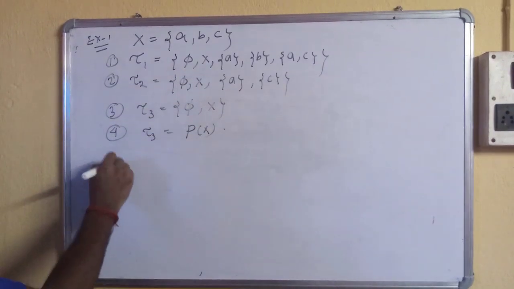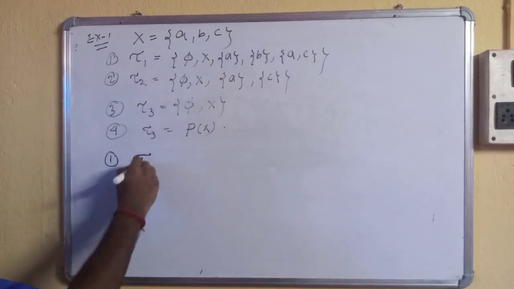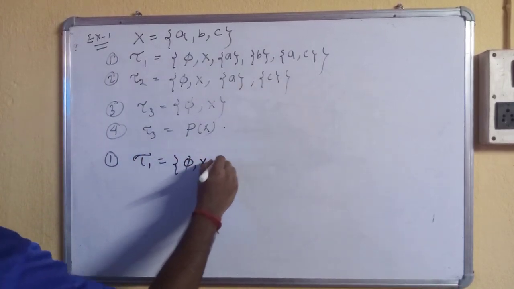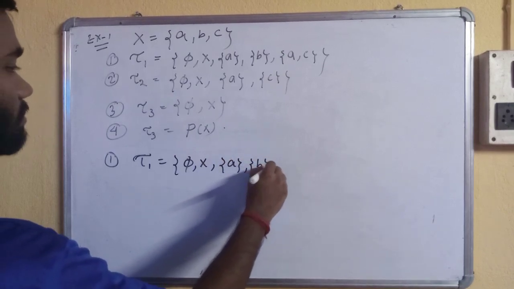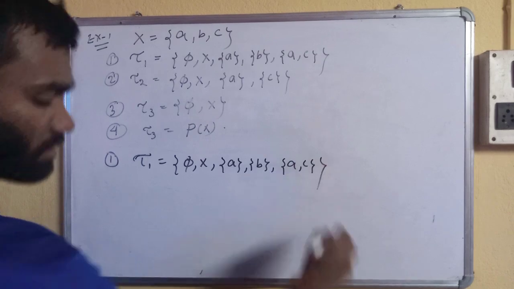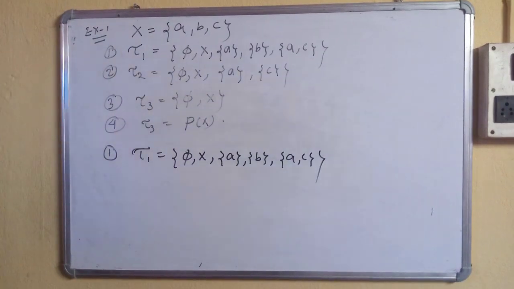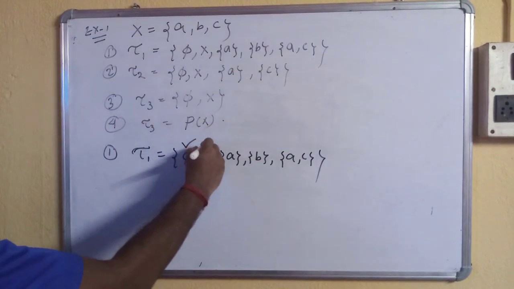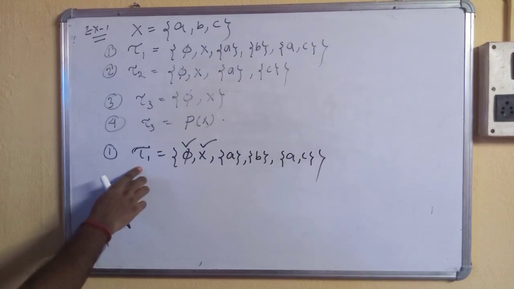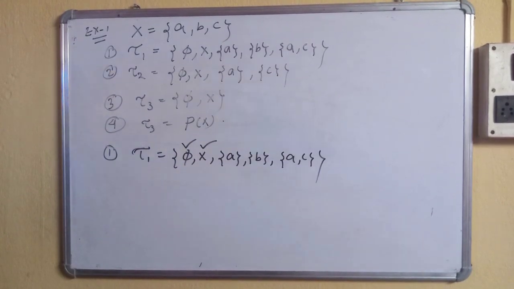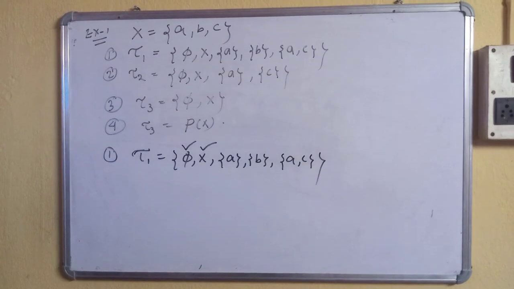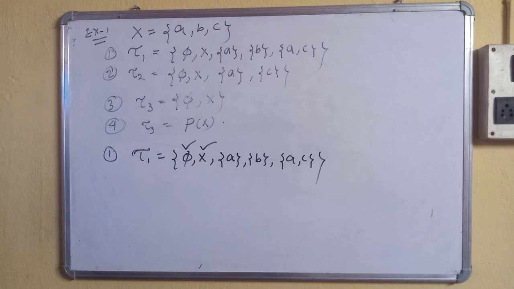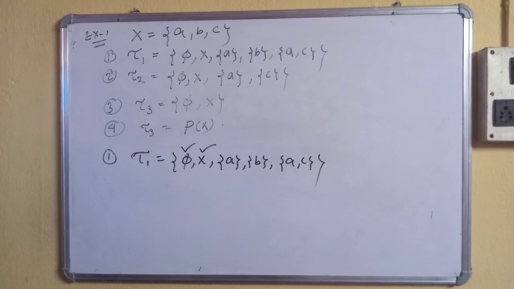See, number 1, tau 1 is phi, X, singleton a, singleton b and {a, c}. If you see the definition of topology, then you can find that the first condition is phi and X are in tau. So here phi and X are in tau, right? Number 2, if we take any two elements from tau 1, then their union has to be in tau 1.